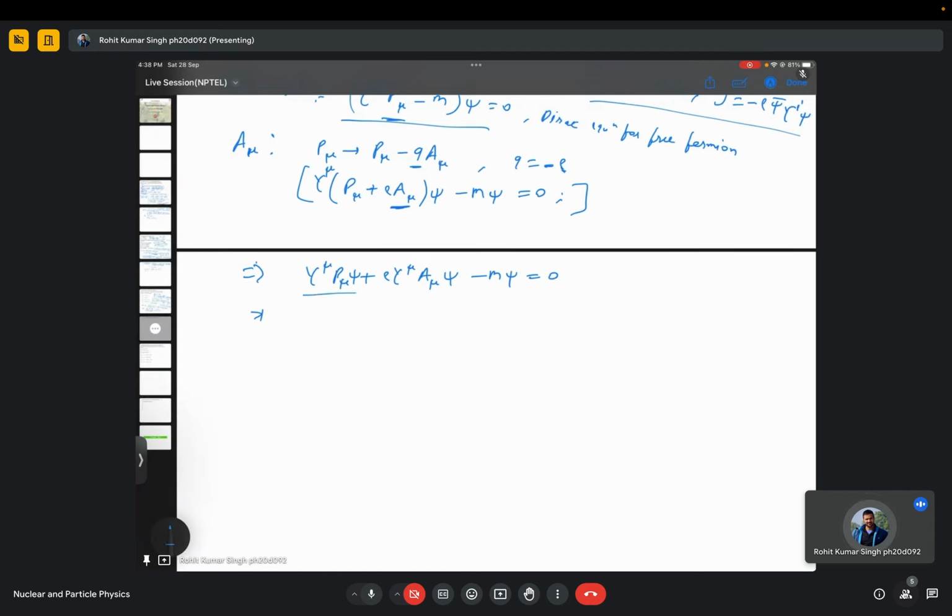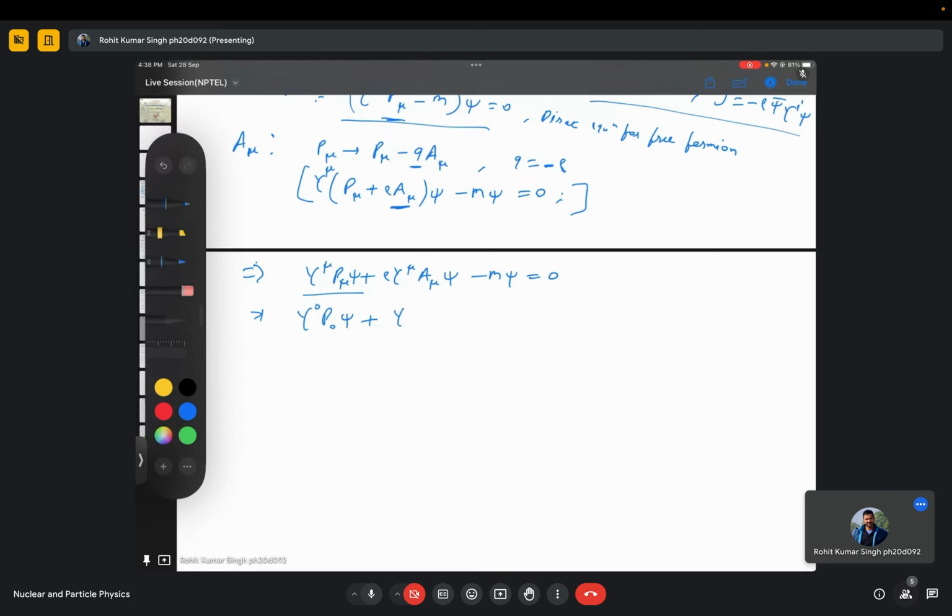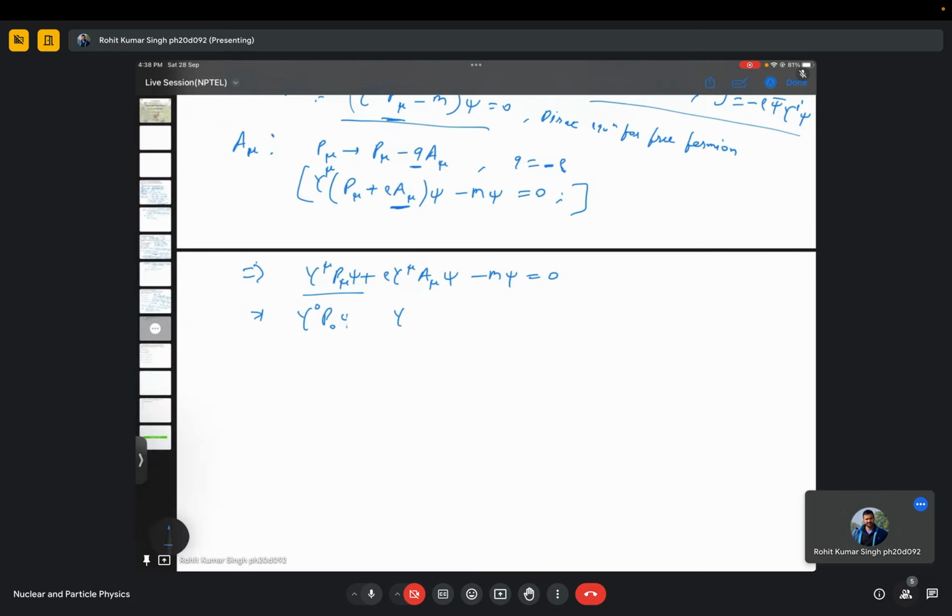And then let's break this into a spatial and temporal part. So this is gamma 0 p0 psi minus gamma dot p, and we can take this inside psi. And we are left with the second term. Why we are doing this will be clear in a moment.